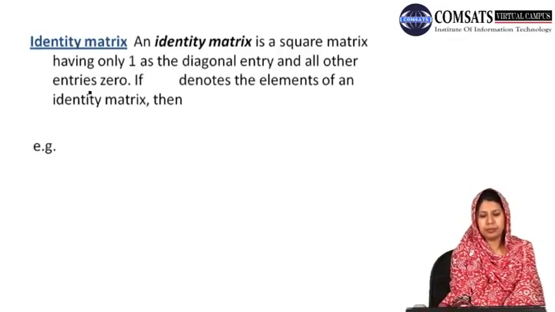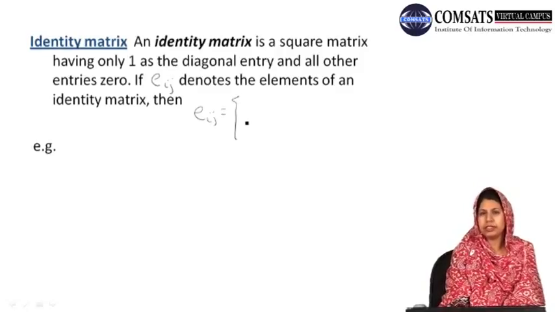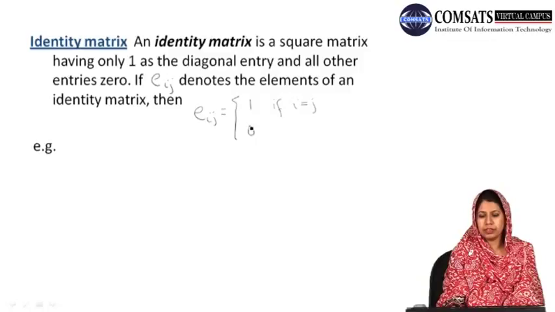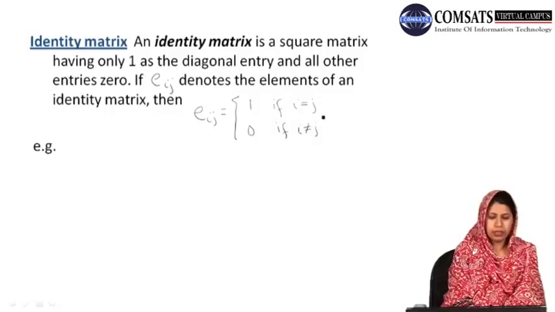That is, if Eij denotes the elements of an identity matrix, then it has 1 on the diagonal entries, that is 1 when i equals j, and otherwise 0, that is 0 whenever i is different from j.